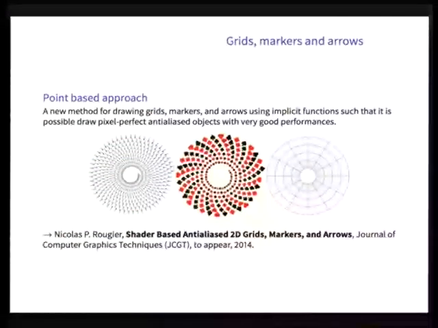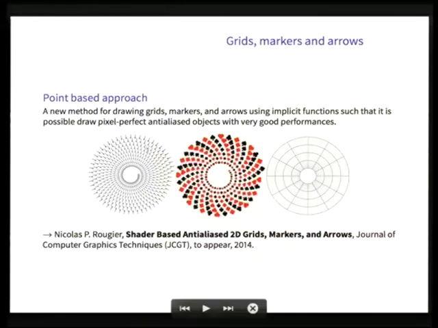And finally, I will finish with this part. So we also need grids, markers, and arrows. Markers are really useful in things such as a scatter plot. You just throw a bunch of markers to know where your data are. You can also have arrows, for example in a quiver plot, to show you the shape of a vector field, and of course we have grids.